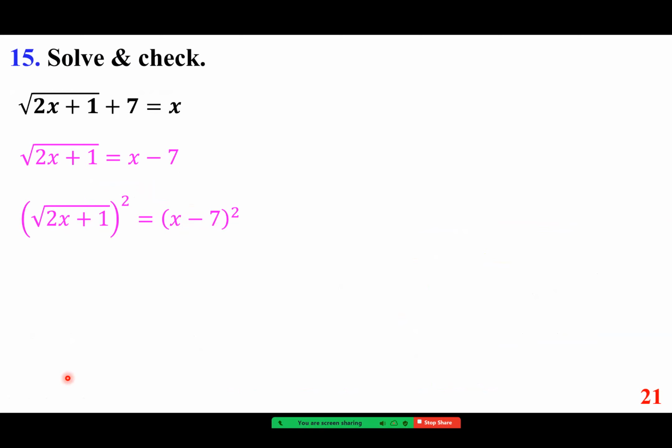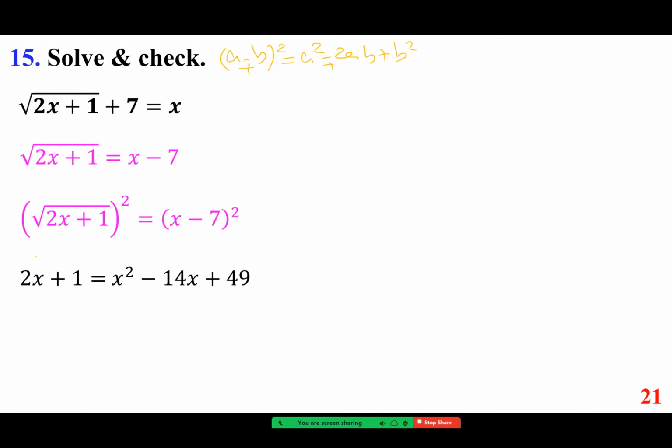Again, I hope everybody remembers (a minus b) squared is a squared minus 2ab plus b squared. If it's a plus, it's a plus here.